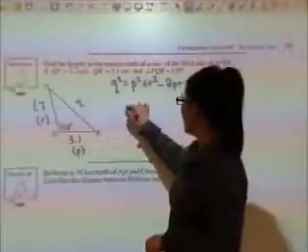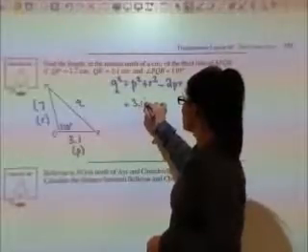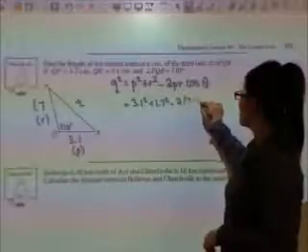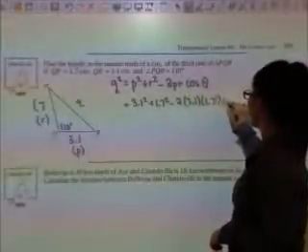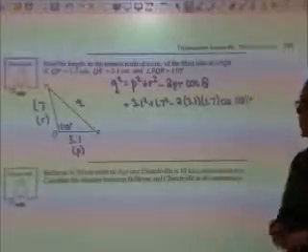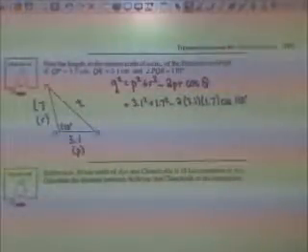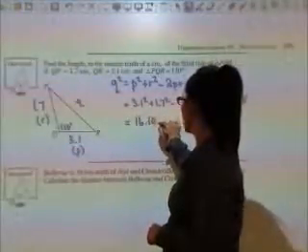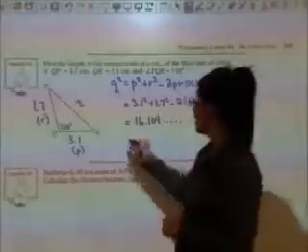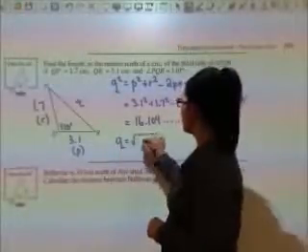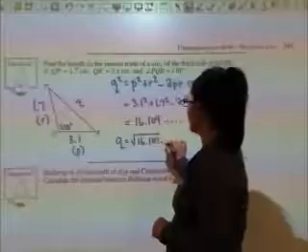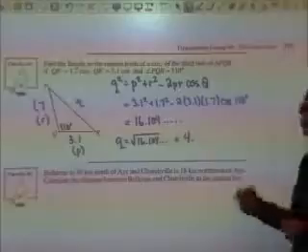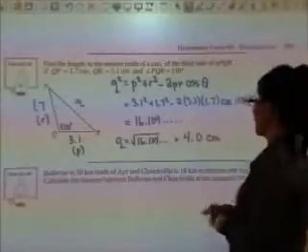So I put in my values, and I get 3.1 squared plus 1.7 squared minus 2 times 3.1 times 1.7 times cos 110 degrees. My calculator gives me this value of 16.104 on and on. So then Q would be the square root of this value, which to the nearest tenth of a centimeter would be 4.0 centimeters again.